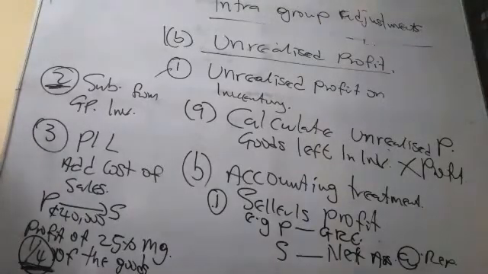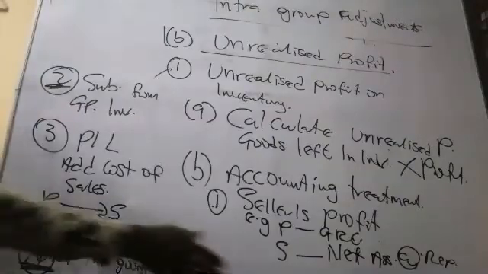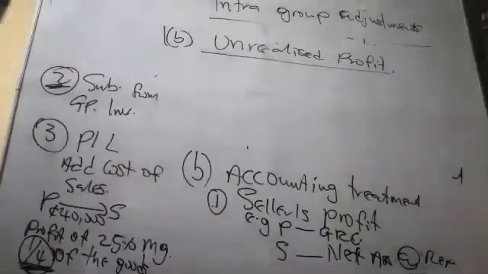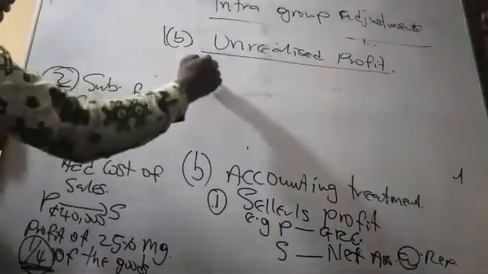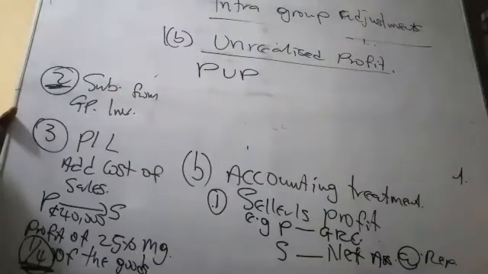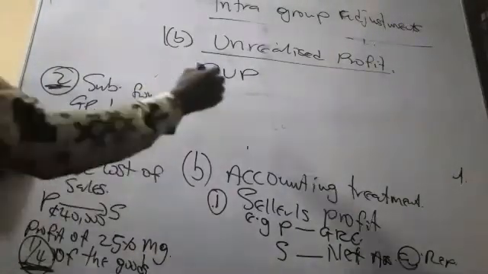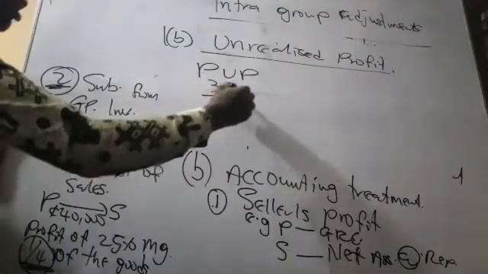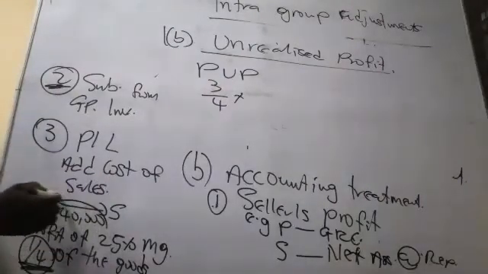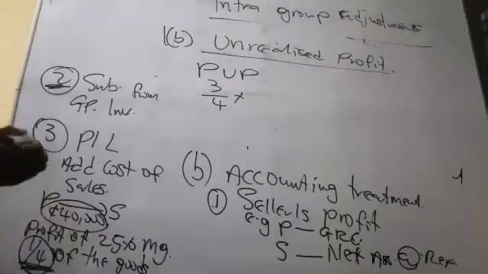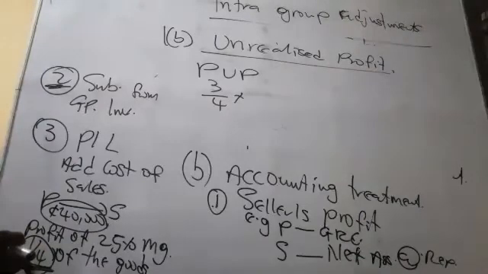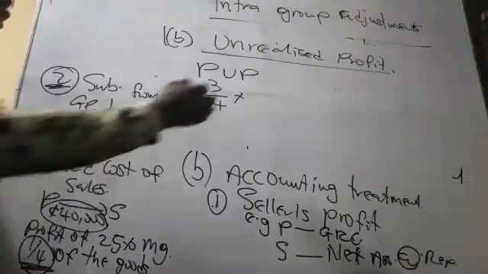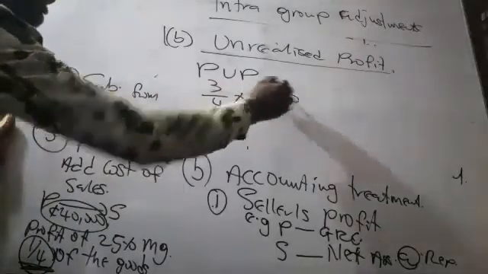So I'll tell the examiner that the unrealized profit, which I'll call PUP, provision for unrealized profits, is, no shortcuts in exams, the goods left in inventory, 3 out of 4 times the 40,000, because the entire goods is 40,000 and they've passed on 1/4. So 3 over 4 times 40,000 is the goods left in inventory.